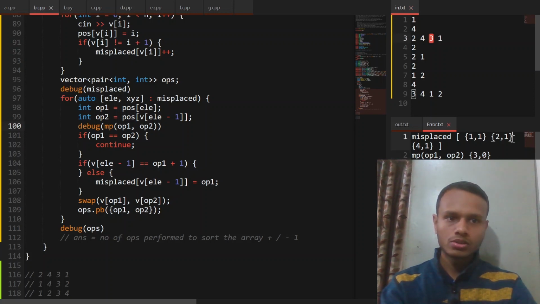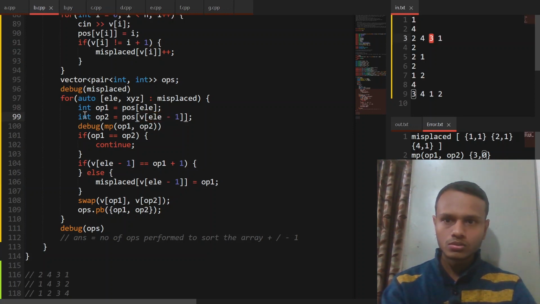Then I will go for 2. Now the position of 2 has been changed. It is no longer 0. Okay. Yeah, so this is 2, v of element minus 1. This is 2, right? One minus 1 is 0.